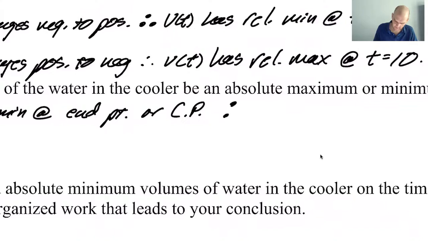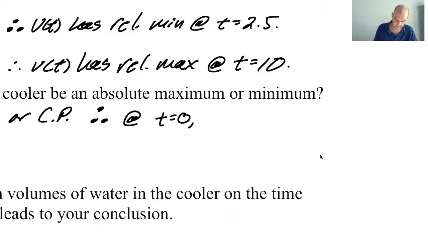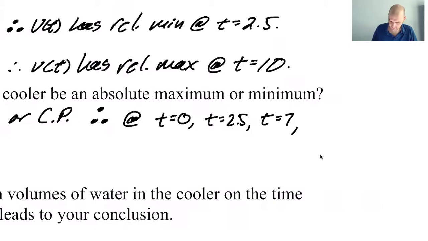So therefore, I'm going to list them. It's at t equals 0, t equals 2.5, t equals 7, which is a critical point. It's where the derivative is 0. It's not a max or a min, but it is a critical point. Then t equals 10 or t equals 12.